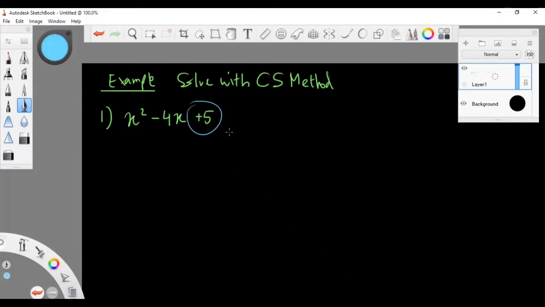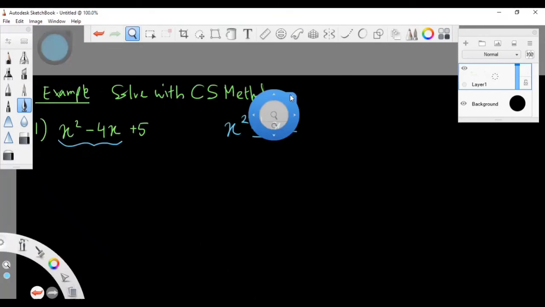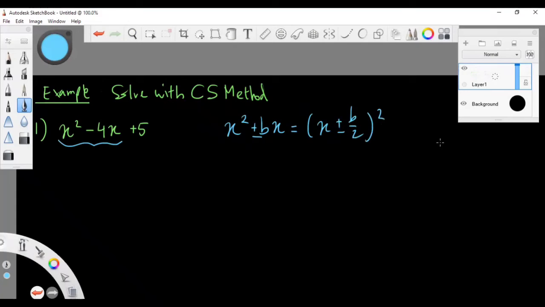But again, don't focus on the plus 5. You have to focus on this one first. As the following formula, x squared minus bx or plus minus bx, you can just change like this. Again, the general form will be x plus minus b over 2 bracket square, right? This is the complete square, and subtract b over 2 bracket square, right? So just write like this.